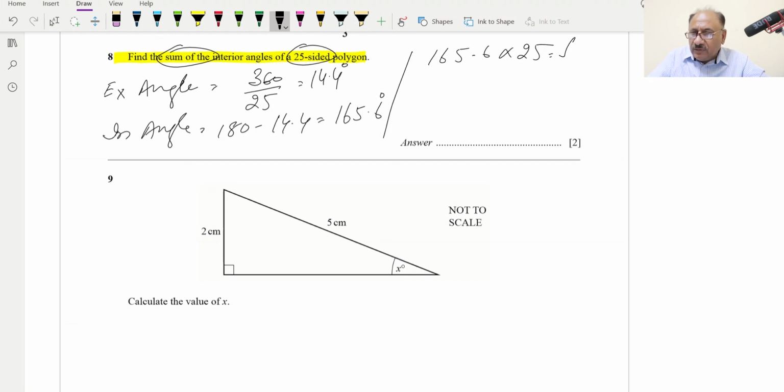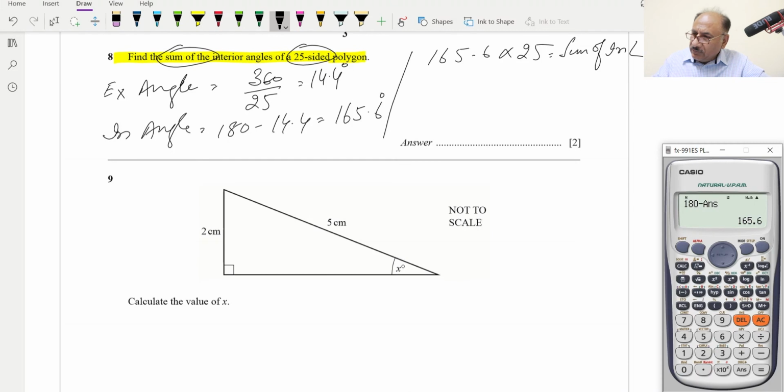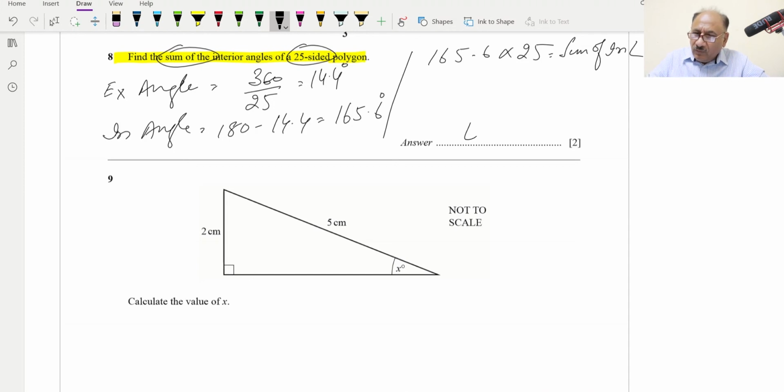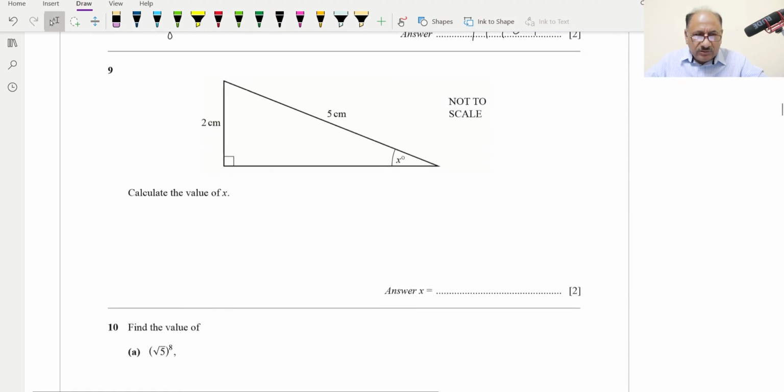This will give us 4140, and this will be the sum. 2 marks question.